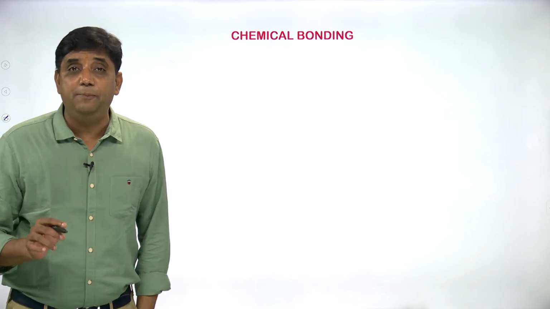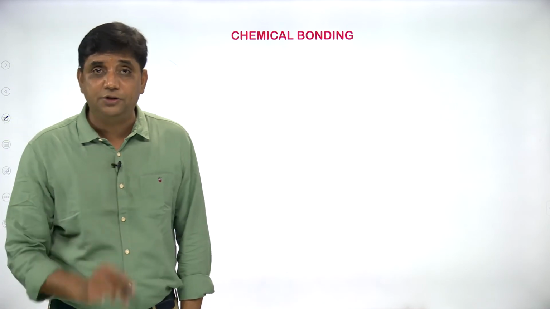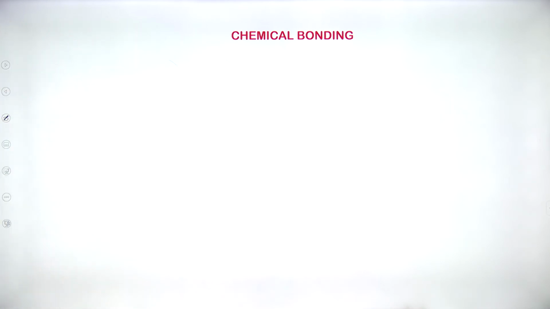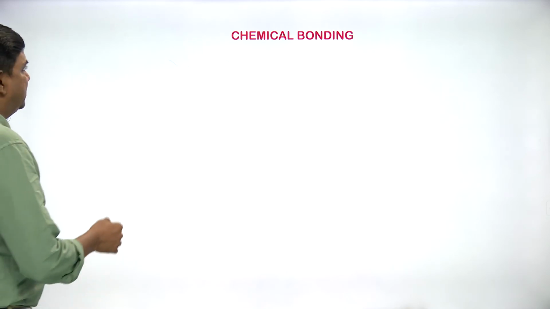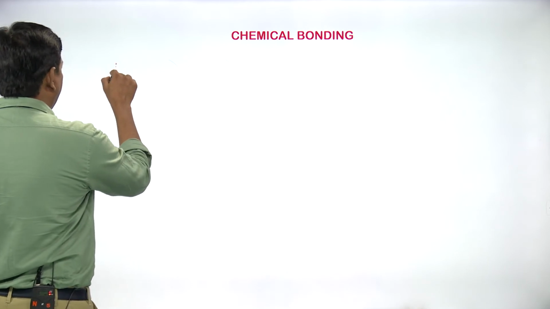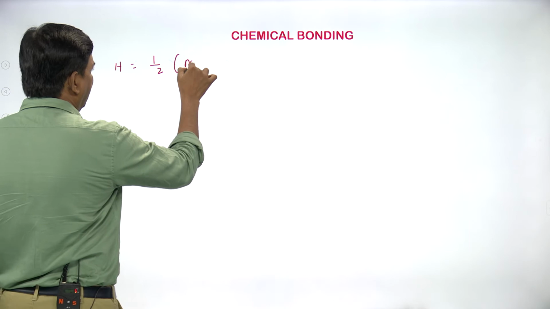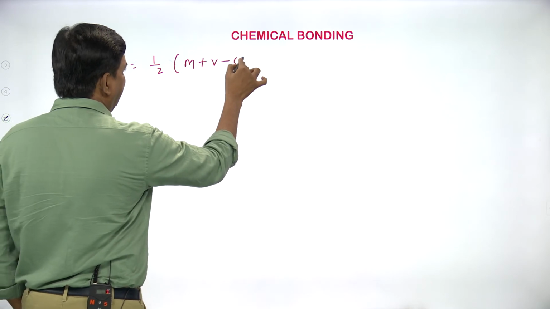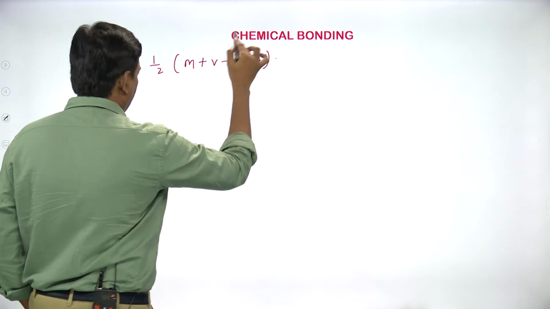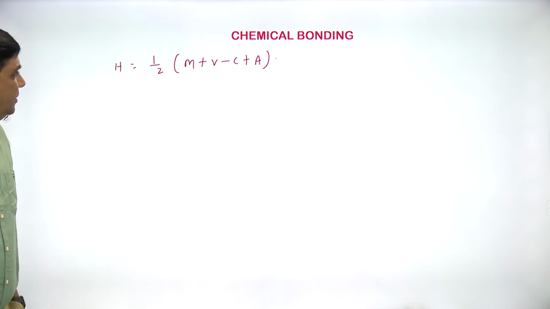The next very important technique to find out the hybridization is, see students, hybridization is equal to half into M plus V minus C plus A, and this is one formula.